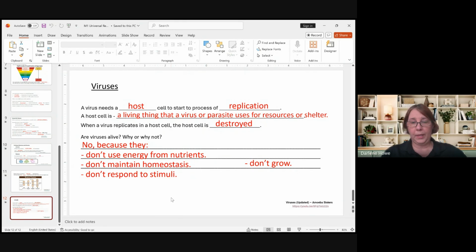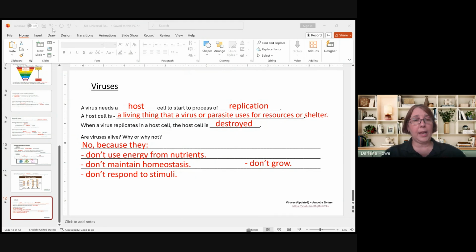So, because viruses are not made of cells, they need to find a cell in order to be able to make more copies of itself. So, the first one here, a virus needs a host cell to start the process of replication. Okay? We say that viruses replicate.